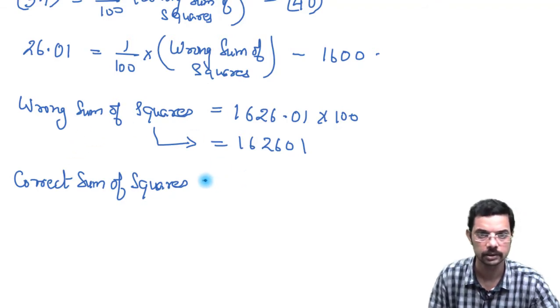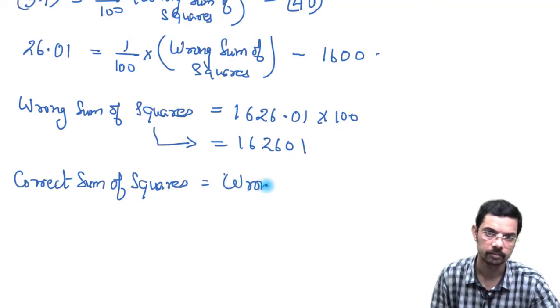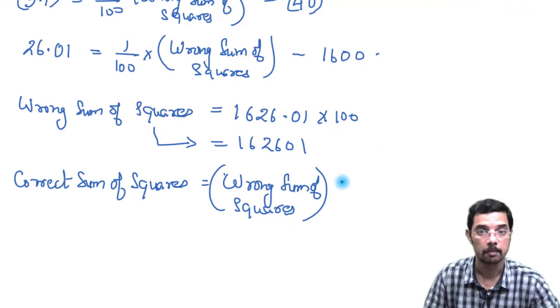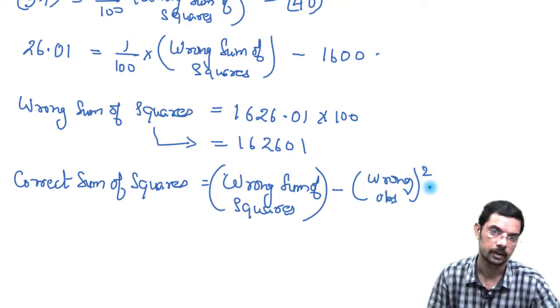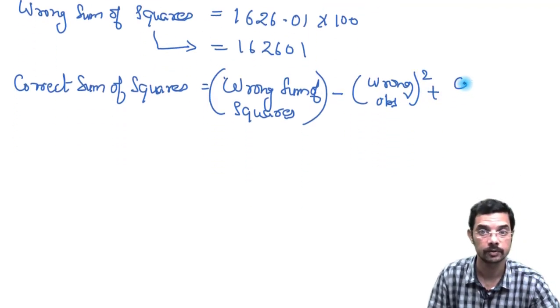So the correct sum of squares will be equal to wrong sum of squares, minus the wrong observation whole square, plus the correct observation whole square.